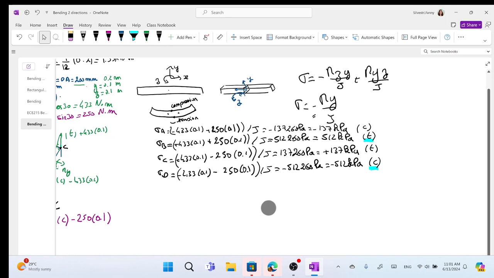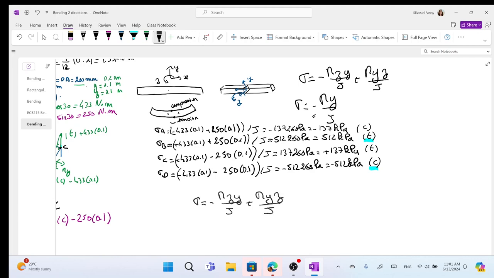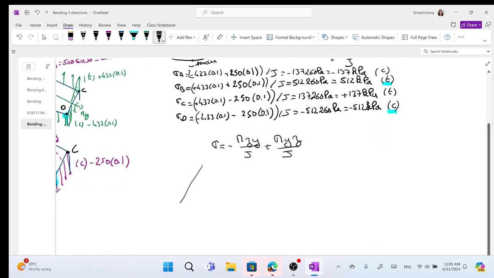Now let me explain those minus signs. The formula in the textbook is minus Mz y divided by J plus My z divided by J. What happens is we have My positive and z, and those fibers are in tension. So when we use My positive times the distance z that is positive, we get positive, in tension.